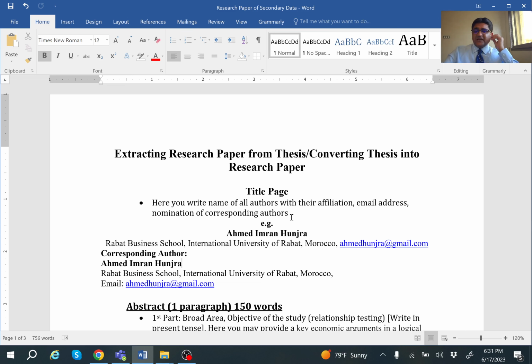They have to convert their thesis into a research paper, and they can explore conferences in the country, in different cities where they live. Then they can submit the research paper to conferences. If their paper is accepted for presentation, they can go and present their work.